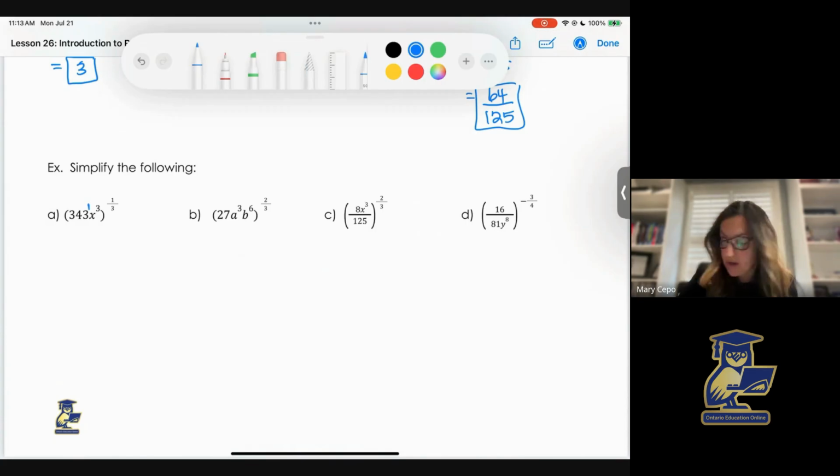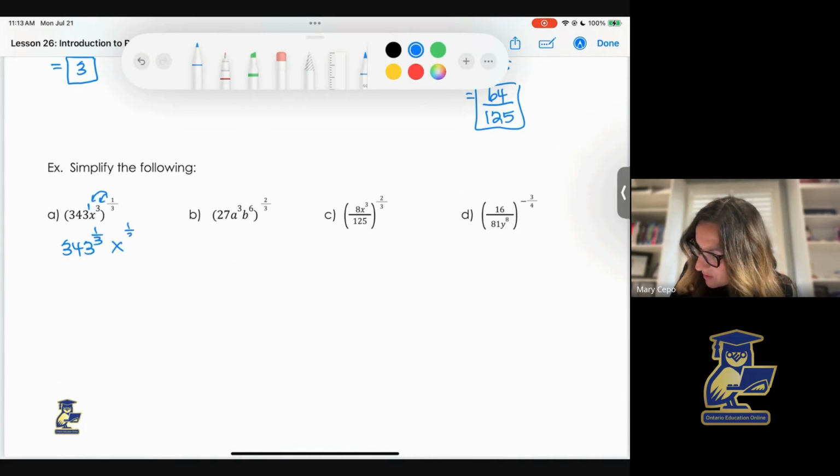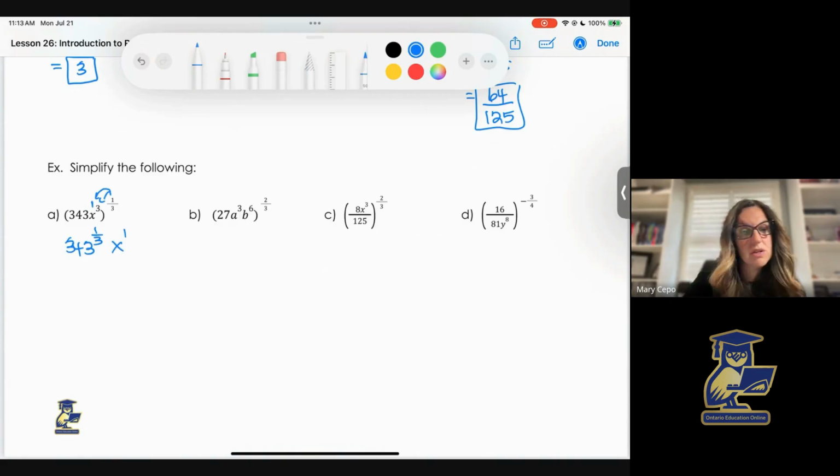So with that in mind, we're going to take 1/3 times 1/3 here. So it's going to be 343 to the power of 1/3, x to the power of 1/3 times 3, which we can just say is 1. 3 times 1/3 would be 3 over 3, which is simply 1.